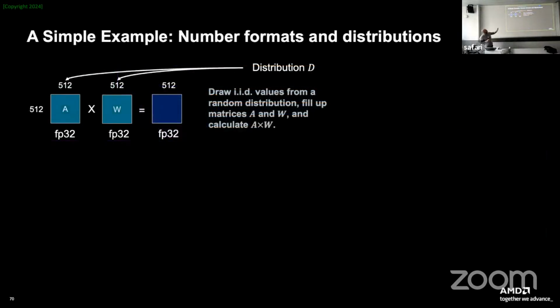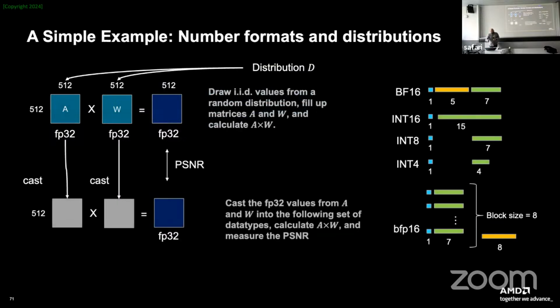So for the example, I have a distribution D. I'm going to take samples, put them in matrices A and W, multiply, and create my output. I'm going to cast A and W into 2 other matrices that are quantized values, just casting, nothing else. Calculate my output and figure out what my peak signal to noise ratio is.